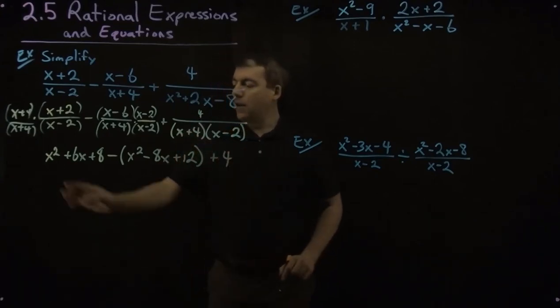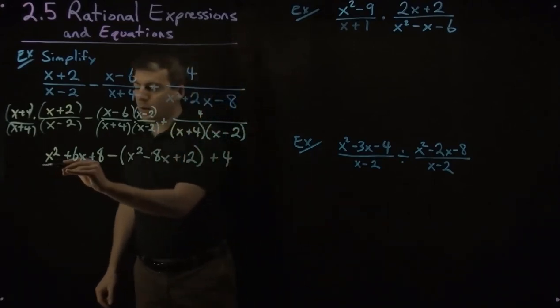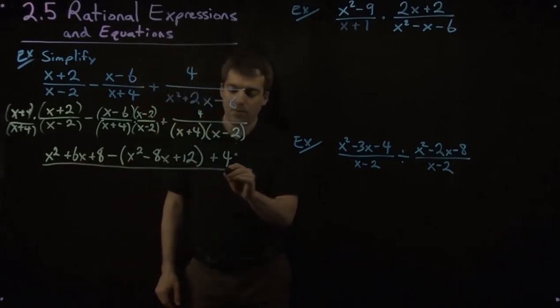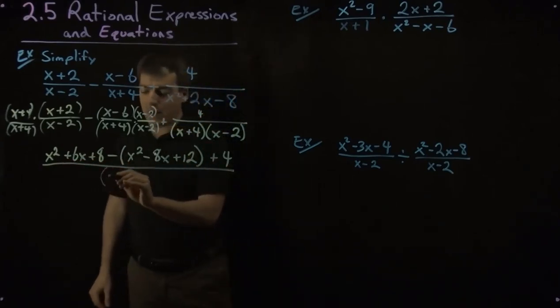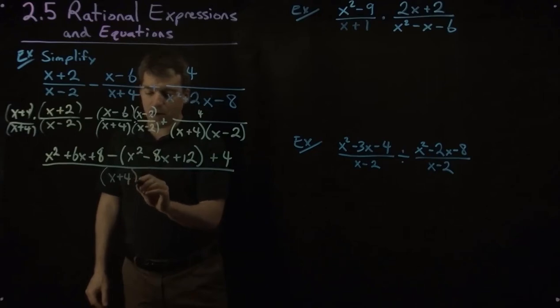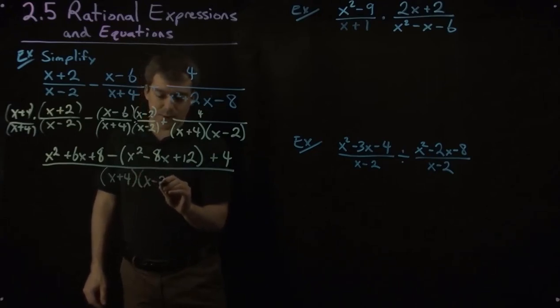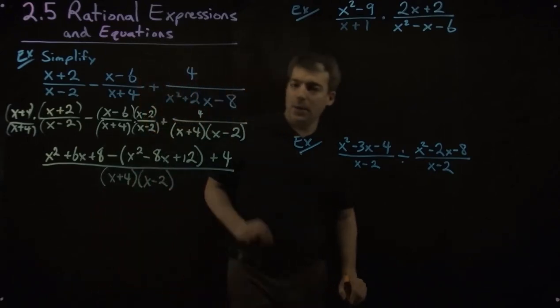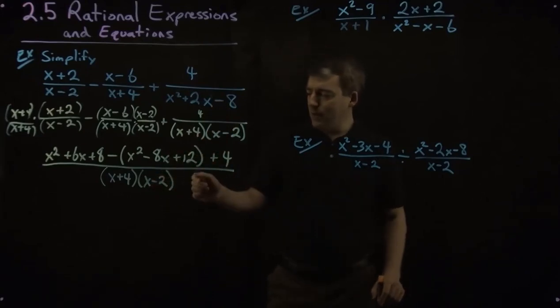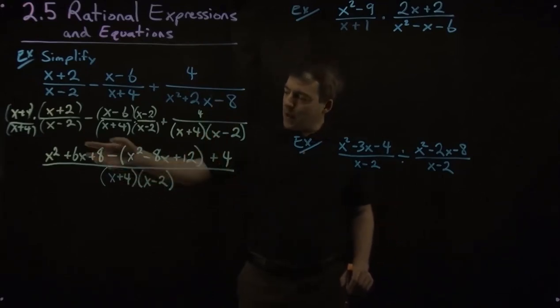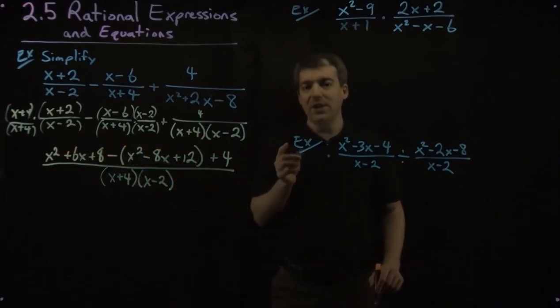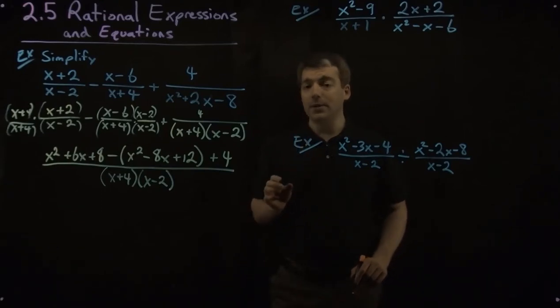All right, now all of this is over our factored denominator, x plus 4, x minus 2. And I didn't multiply out the denominator because I'd like to simplify the numerator first and then look for common factors.